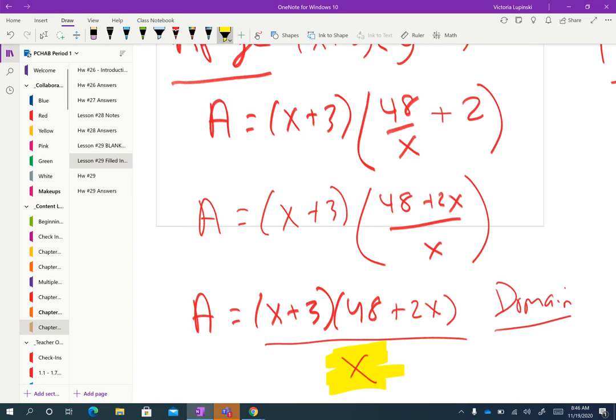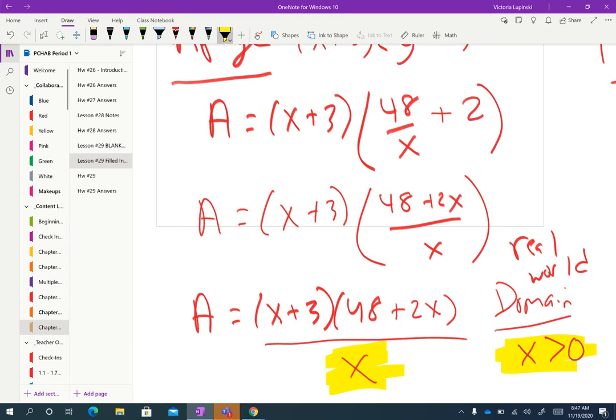The fact that the denominator is just x, in order to ensure that I don't get a negative and I don't get a 0, I know that the real world domain of this problem would have to be x is greater than 0. That should feel right for a bunch of reasons. You can't have a negative page width or length. You also can't have 0. You also don't want anything that makes your denominator 0. So again, the real world domain here would be x is greater than 0.